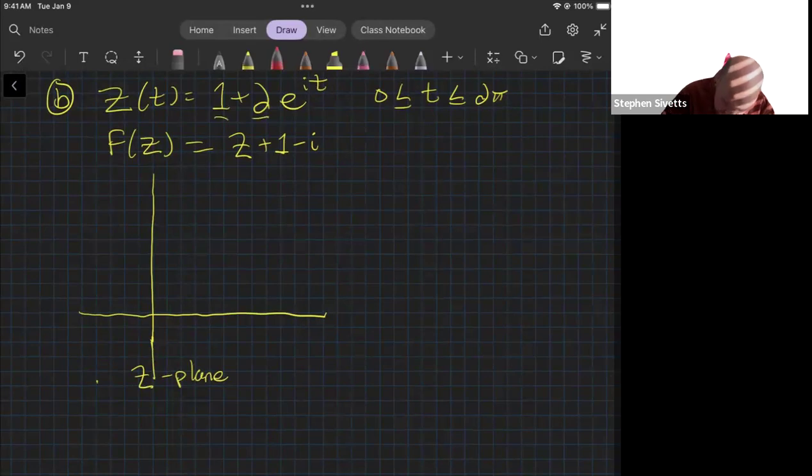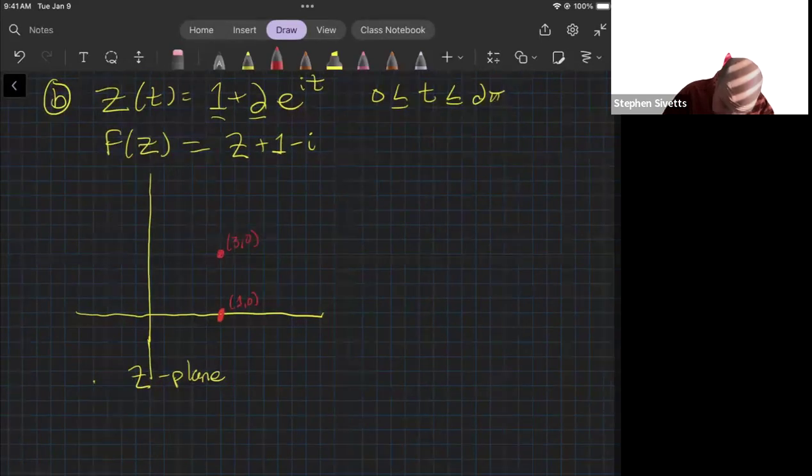So the set S would be at this point, and we'll have a radius 2. One of the points is at 3, 0. The other is at minus 1, 0.